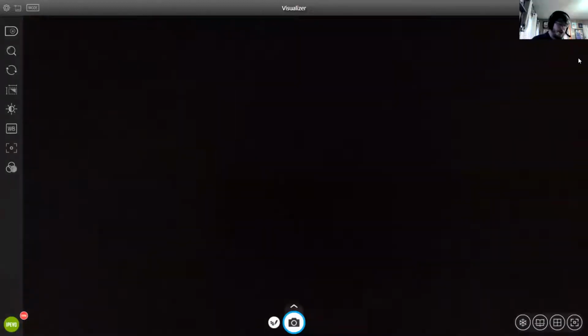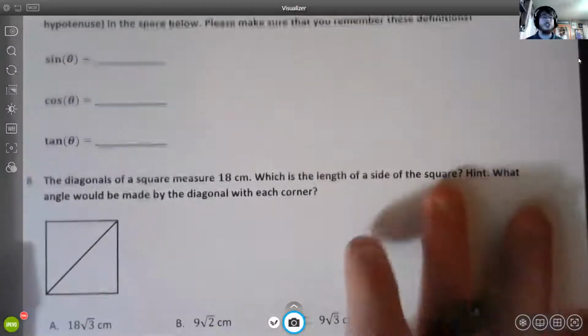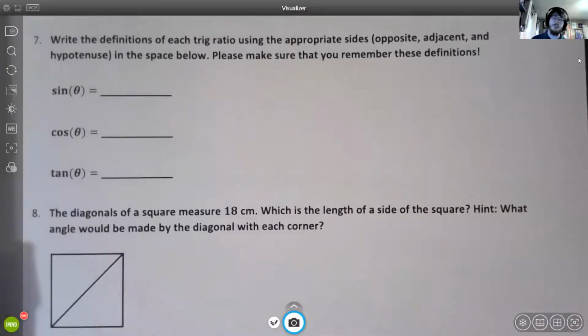All right, number 7. Number 7 says write the definitions of each trig ratio using the appropriate sides, which will be opposite, adjacent, and hypotenuse in the space below. Please make sure that you remember these definitions. Now, on the SOL test, on the formula sheet, you will be given the 3 trig ratios.